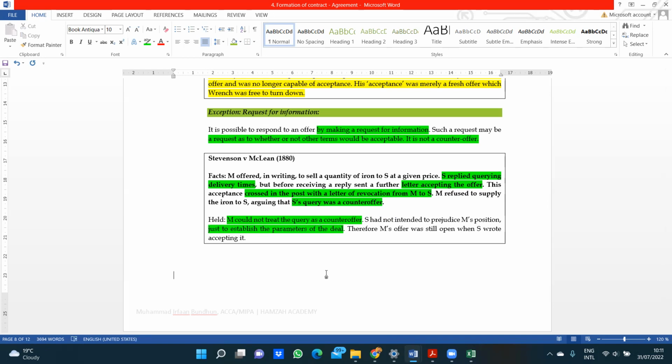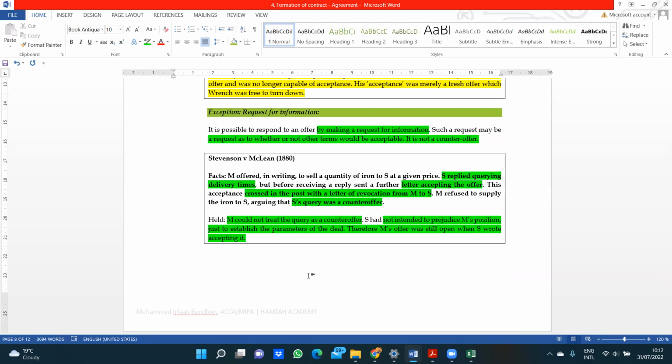A request for information is not a counter offer, and therefore it does not terminate the original offer. So the offer was still open when S wrote accepting it, and therefore the contract had to move on.